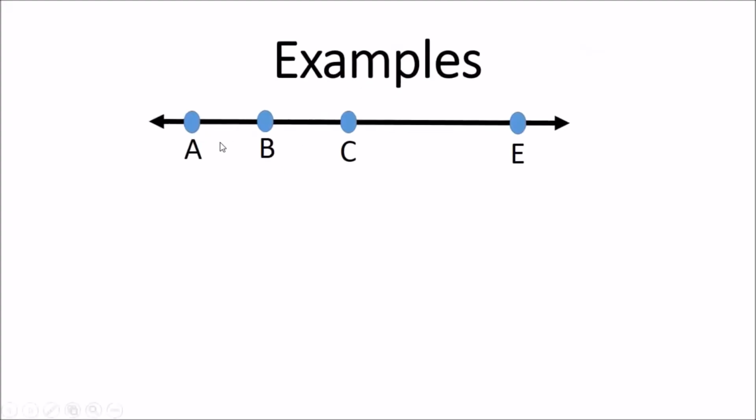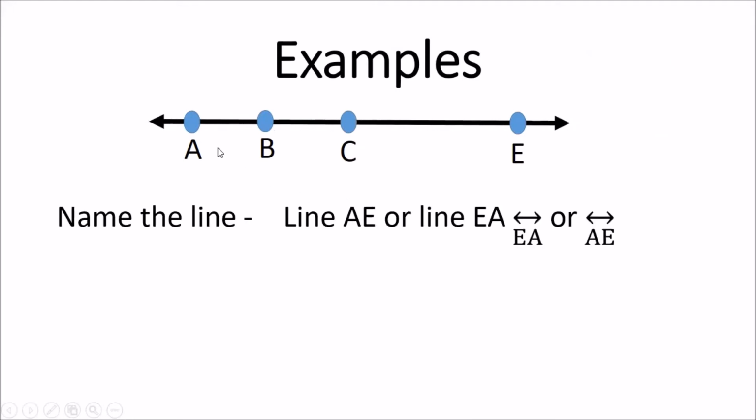Example. So to name all the points, so we have point A, point B, point C, and point E. Kung isusulat natin ang points, capital A, capital B, capital C, capital E, or arranged vertically, and it is read as point A, point B, point C, point E. How to name a line?